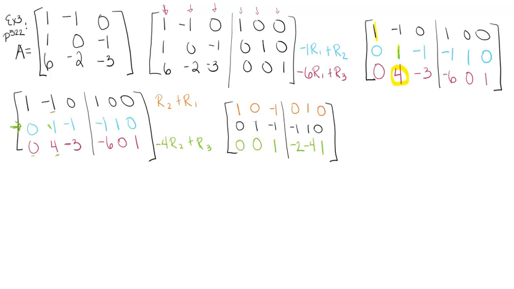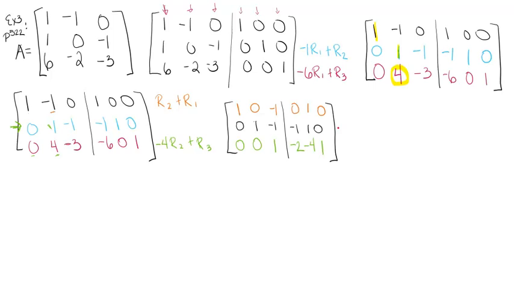Not quite, because I still need to make zeros in every place on the left except for in the main diagonal. But I'm almost there. What do I need to do? I need to turn this number right here, the third element on the first row, into a 0. Now, if I do that, I can't add the second row to it, because if I do that, it's going to change this second element, which is already a 0, into something that's not.